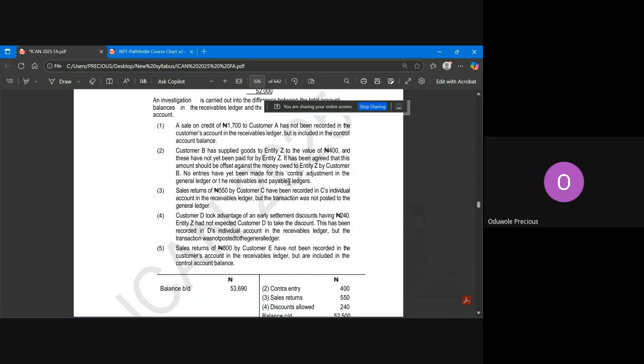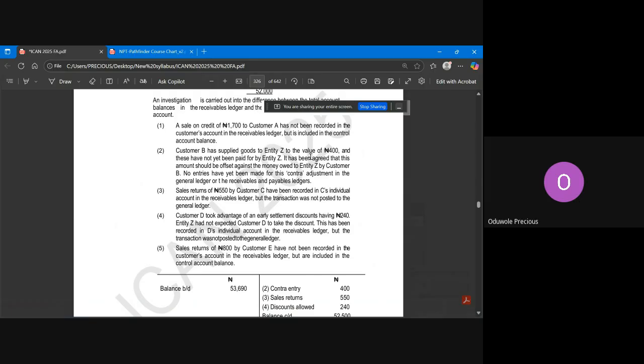So how do you set it off against each other? One will be on the credit side of the receivable control account. The second will be on the debit side of the payable control account. But now they said they've not recorded it in either the general ledger or the receivable control account. So what do you now do?